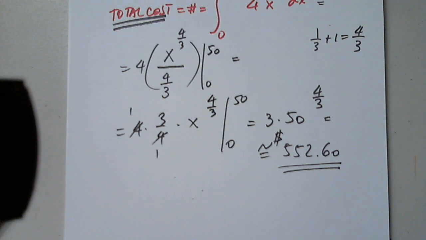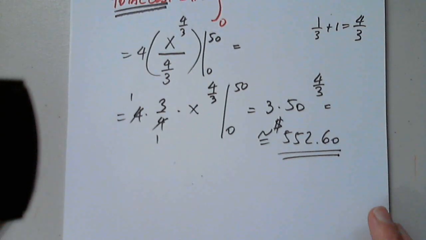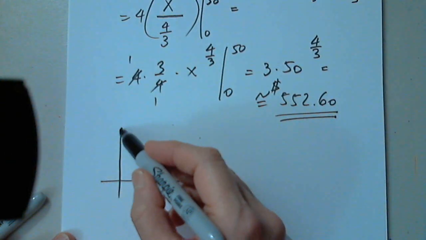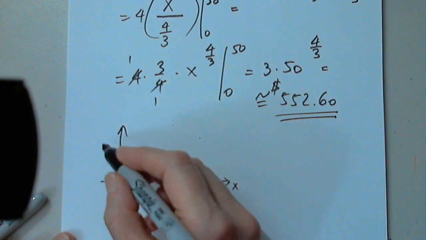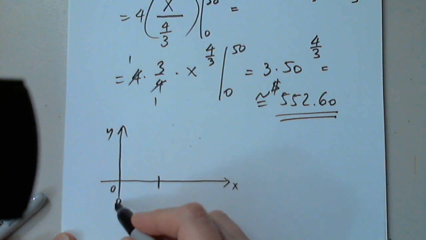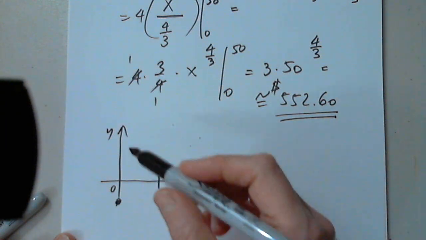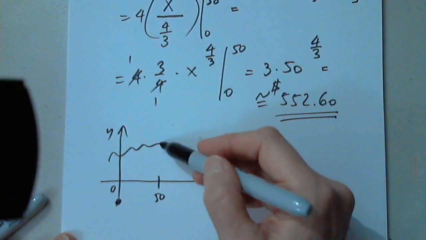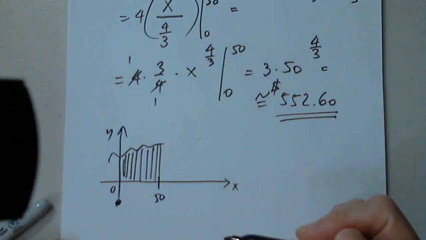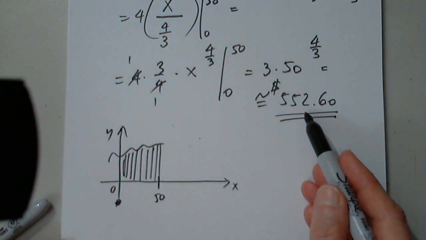Okay, so let me explain the idea here. Let's say we have the 0 to 50 here. Let's say this is the function. So I already determined this area.